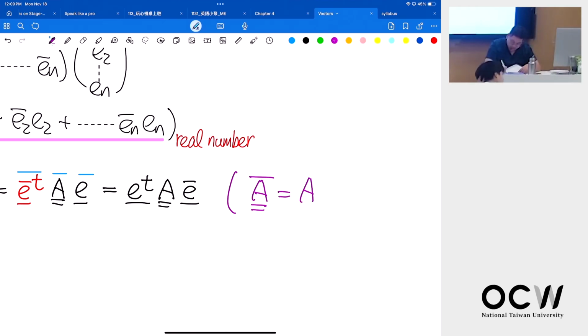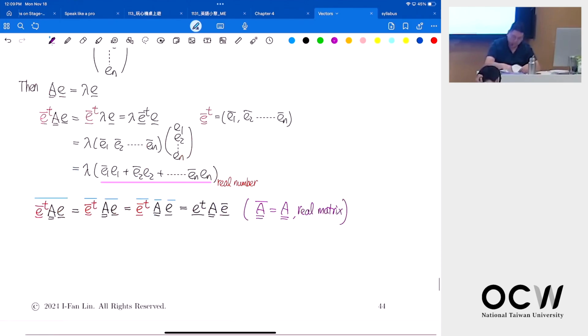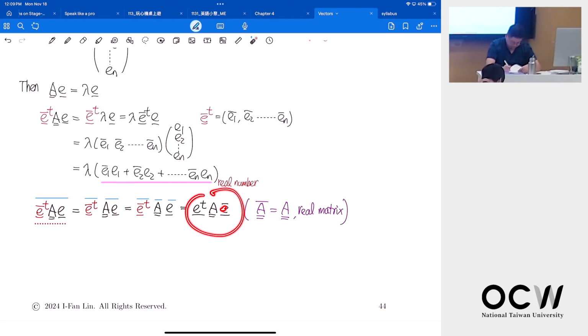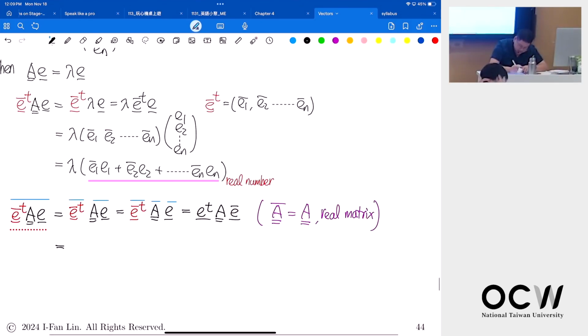If I take the conjugate, they'll be the same because it is a real matrix. Then for this part, I can also do the transpose. They will be the same.